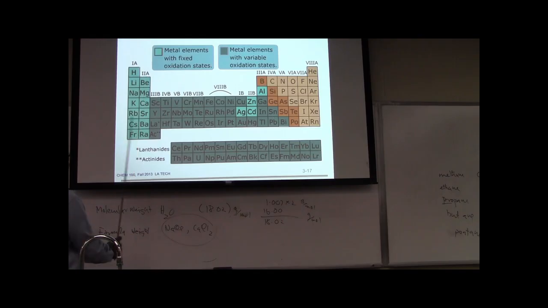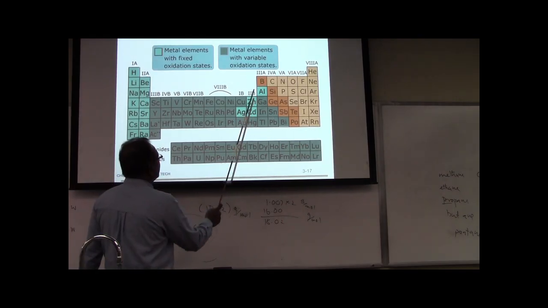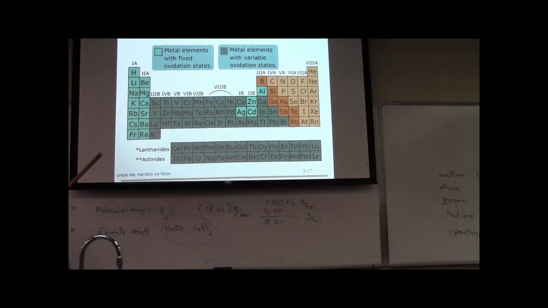Fixed charges: aluminum 3 plus, zinc 2 plus, cadmium 2 plus, silver 1 plus. Even though they are transition metals, they behave like type 1. We don't call silver 1 chloride, and we don't call cadmium 2 chloride, even though it's there.